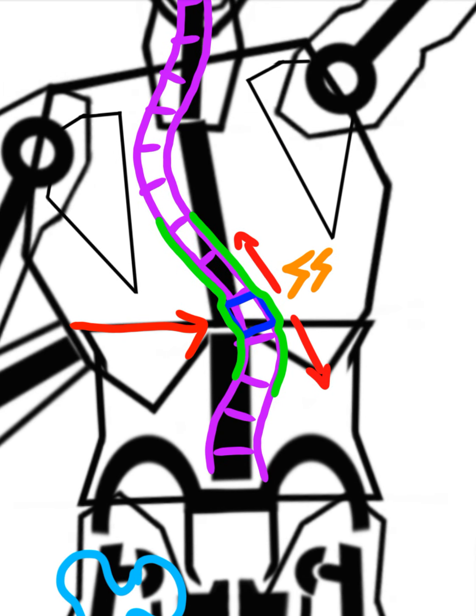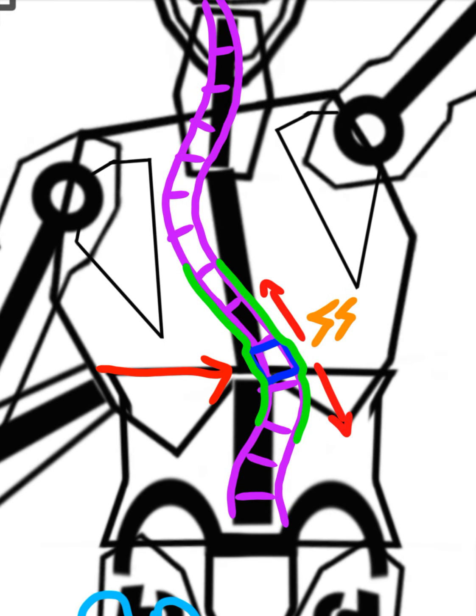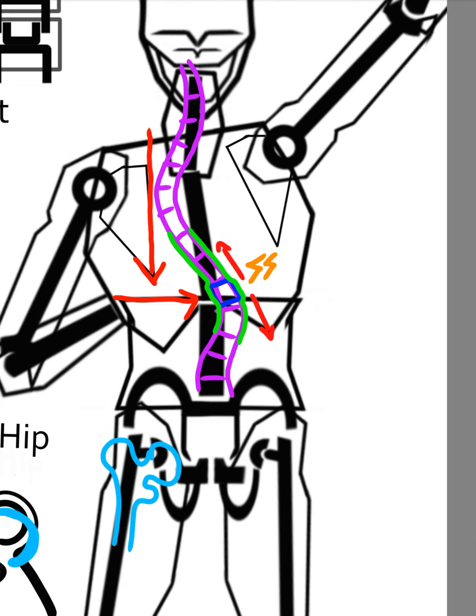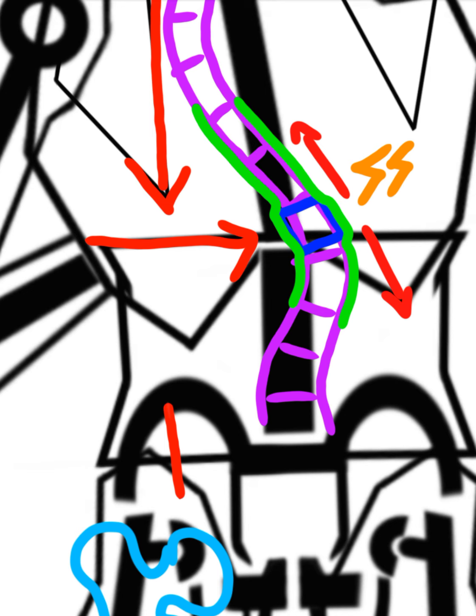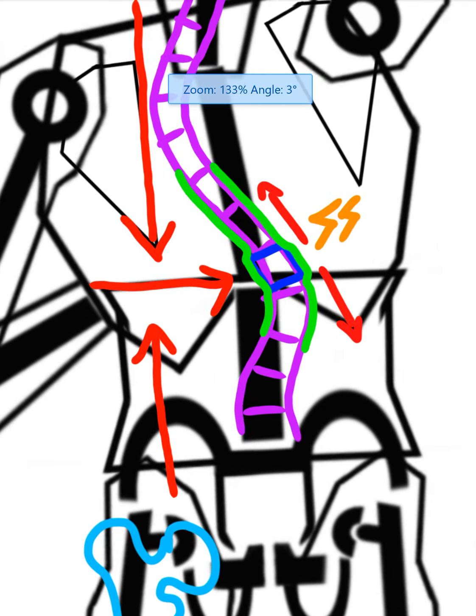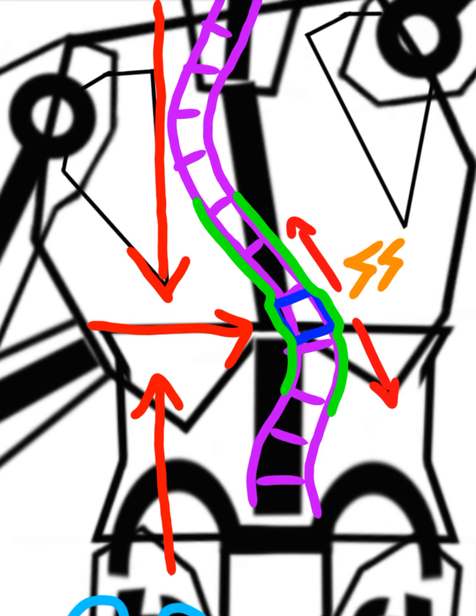But it's being pushed by gravity, the weight of the spine above it, and it's also being pushed by the pressure of, let's say, the pelvis and the leg and the weight-bearing structures of the body below it into that position. So the more those push, the more this goes out of place.